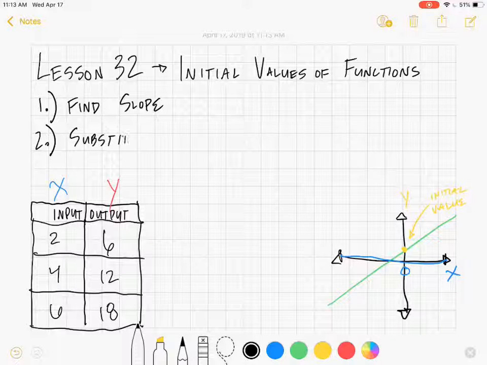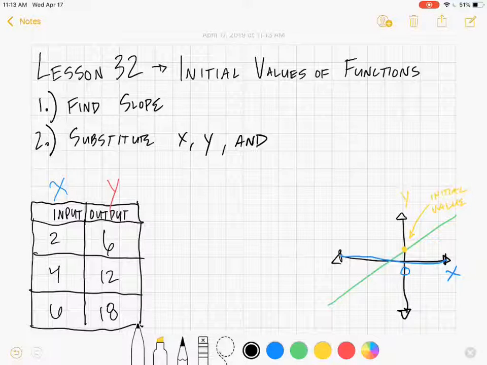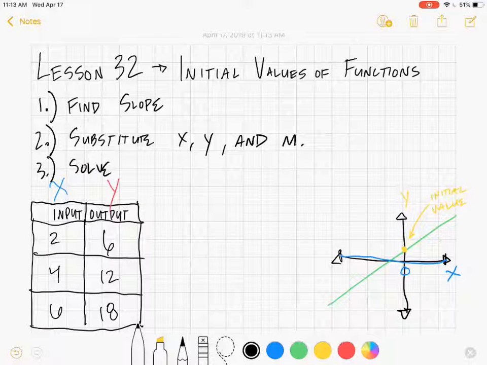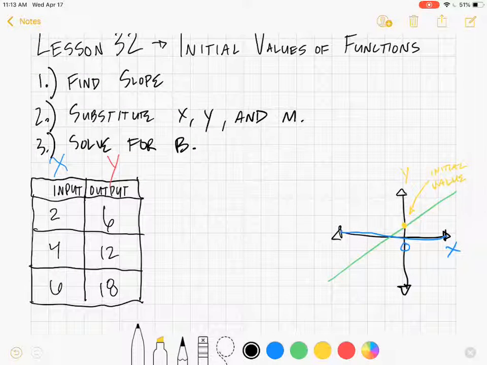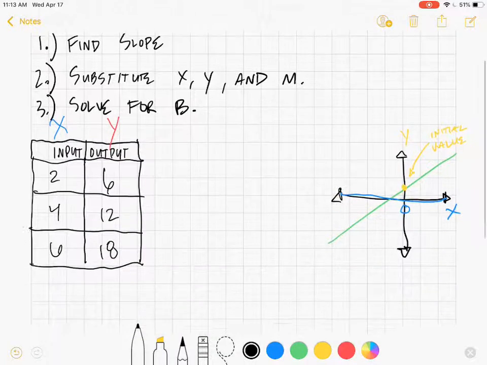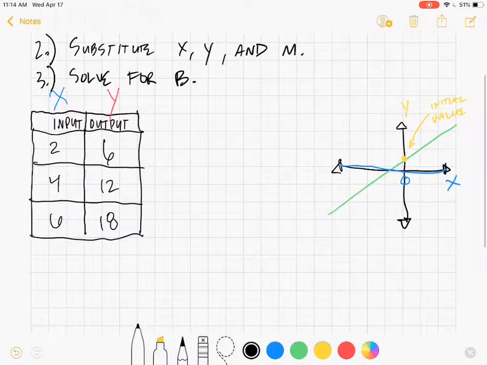Step 3, solve for b. So those are our 3 steps. This is going to be very similar to what you did in lesson 29 and lesson 31, and it combines all of this together in one final review.